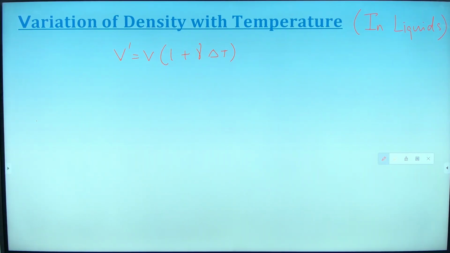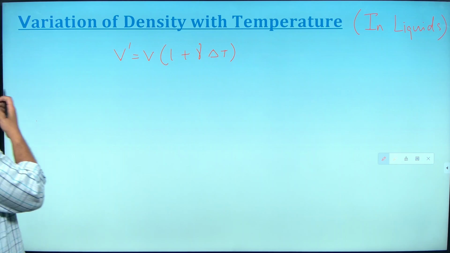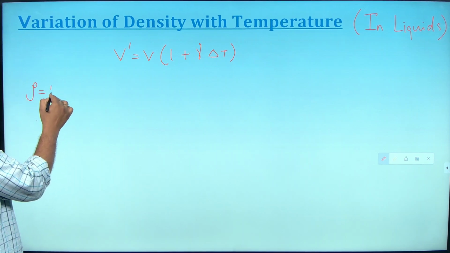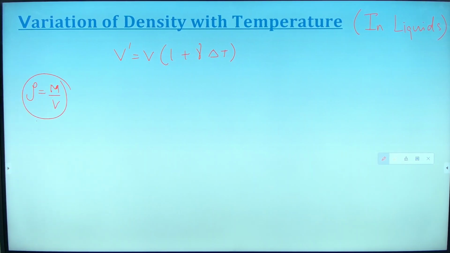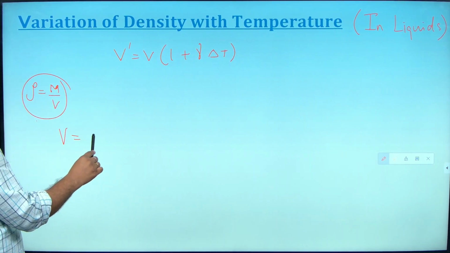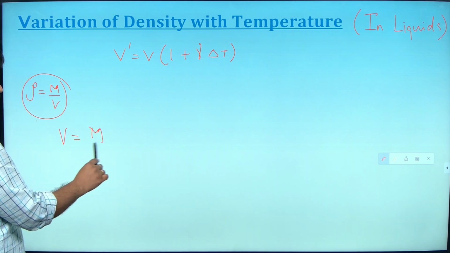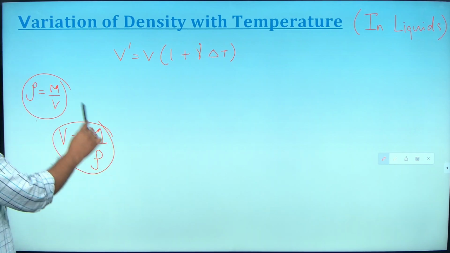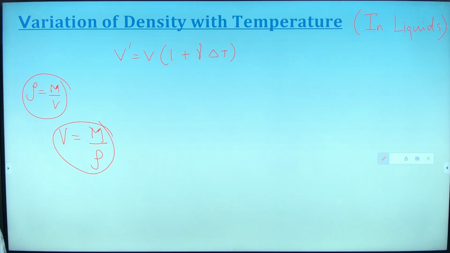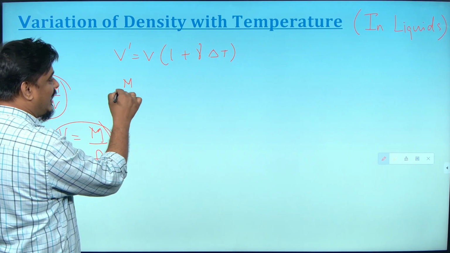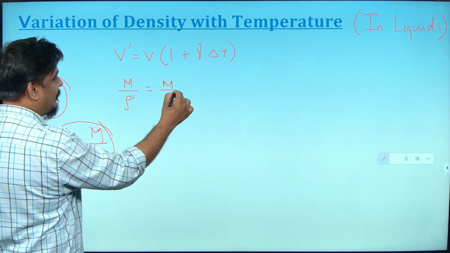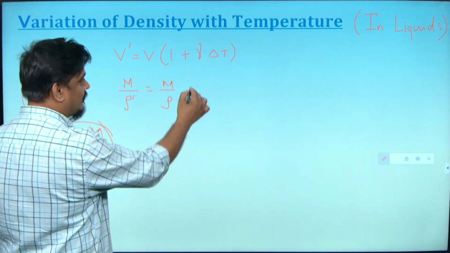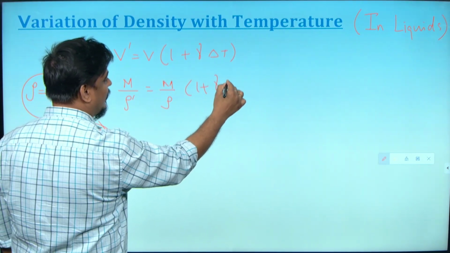We know that density is mass by volume, so volume is mass by density. So V dash becomes M by rho dash, and this becomes equal to M by rho into 1 plus gamma delta T.